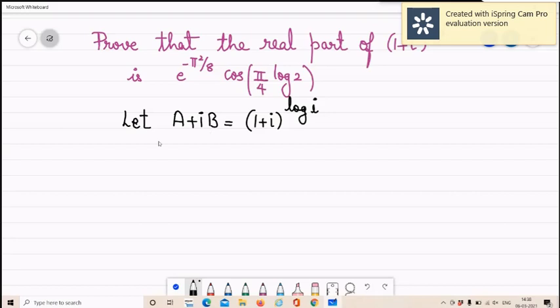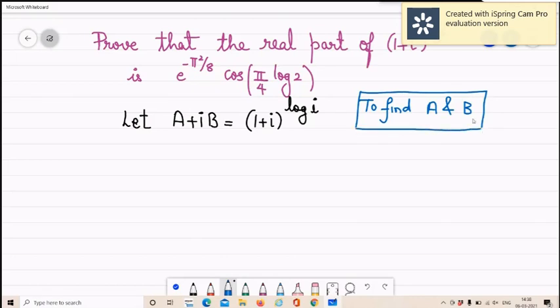This is what I name it. And what am I supposed to find out? I am supposed to find the value of a and the value of b. Did you understand what I have written in blue? Because a will be the real part and b will be the imaginary part. This is what I want.